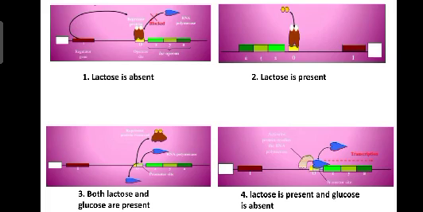And in the third one, where both lactose and glucose are present, the repressor protein is removed and RNA polymerase is bound to the promoter site, and hence transcription can occur smoothly. In the fourth one, the lactose is present and glucose is absent, then the activator protein works steadily. The activator protein only works when glucose is absent. So in this way, E. coli only makes enzymes to metabolize other sugars in the absence of glucose.